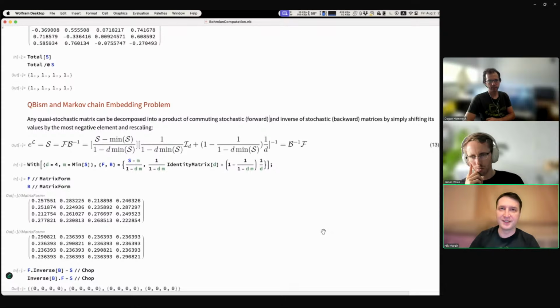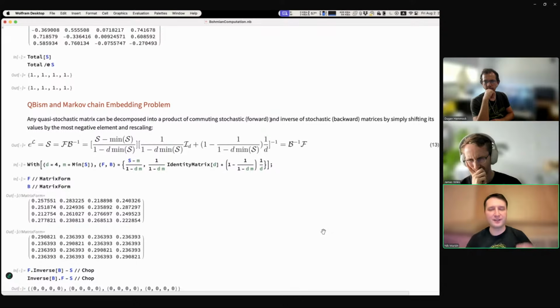Essentially, that's where the quantum and just Bayesian rule comes from, because that's the way people invert conditional probability tables in usual probability theory. If you have a stochastic matrix or conditional probability table, its inverse has negative elements, right? Also, if you already have some negative elements, your quasi-stochastic matrix, if you invert it, it's going to have positive ones.